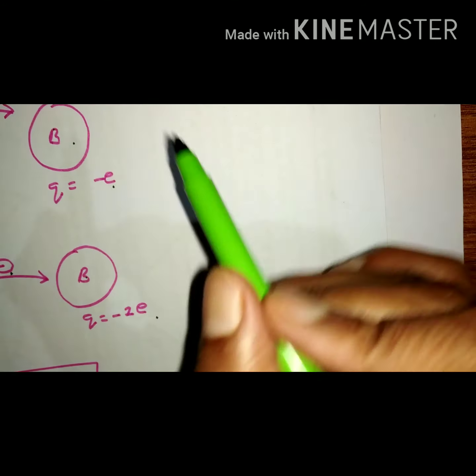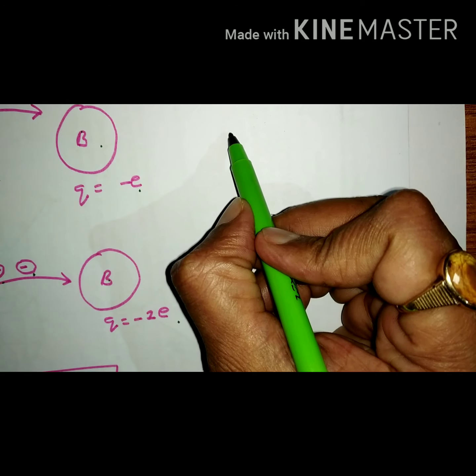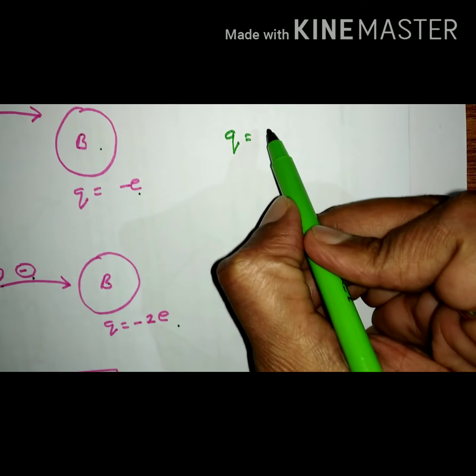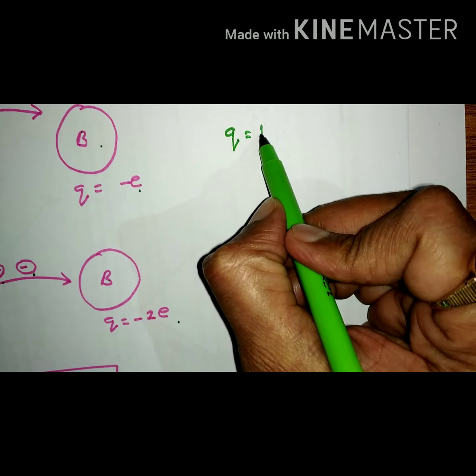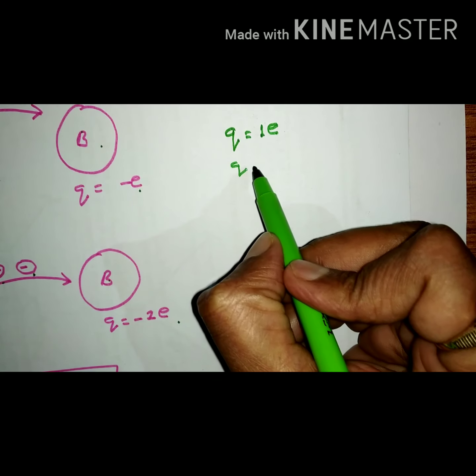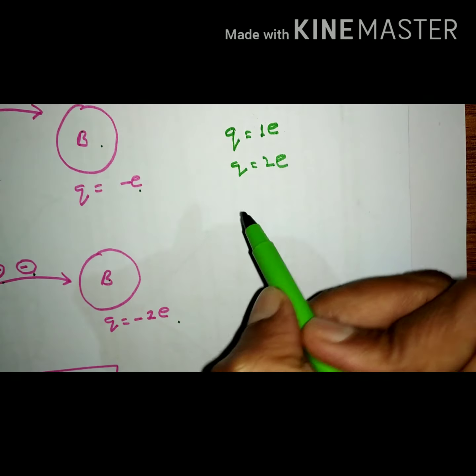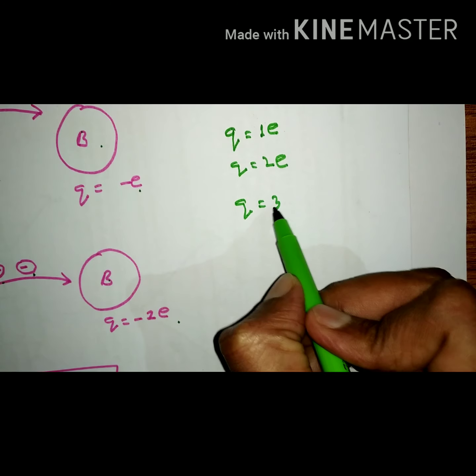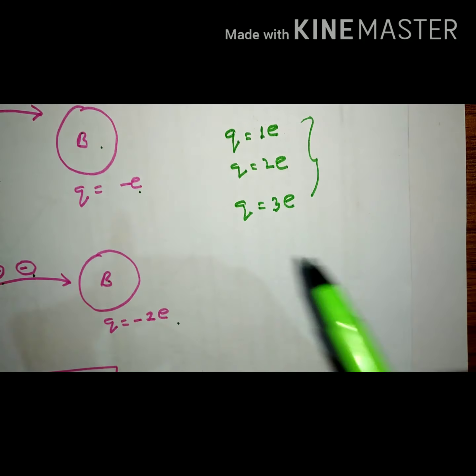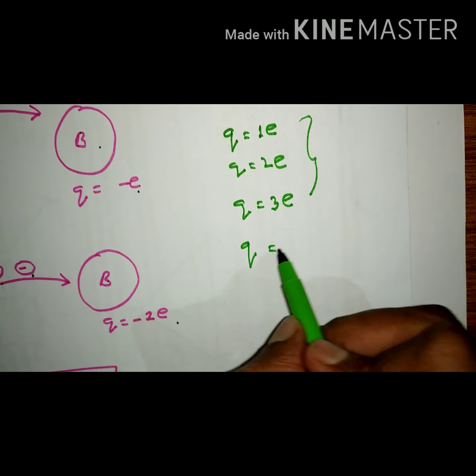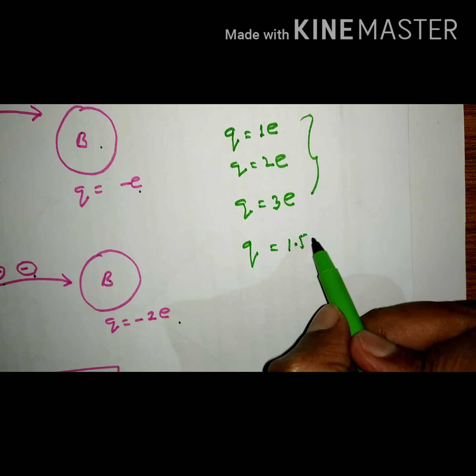Thus, the charge on a body is always an integral multiple: 1e or 2e or 3e. We cannot have a charge on a body of 1.5e.